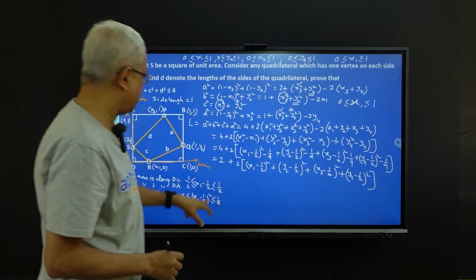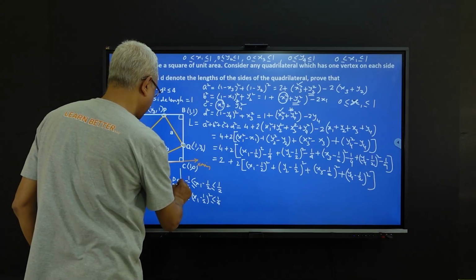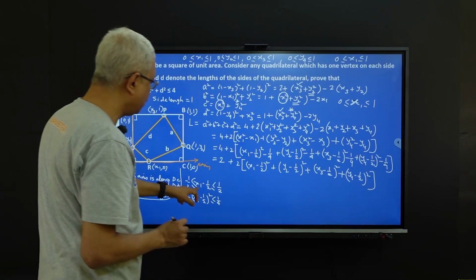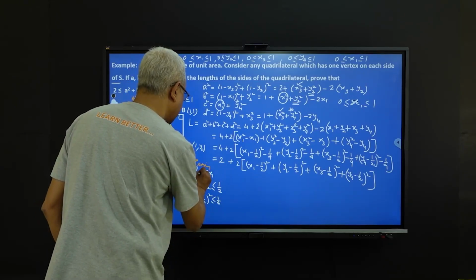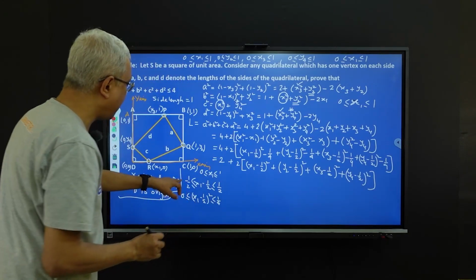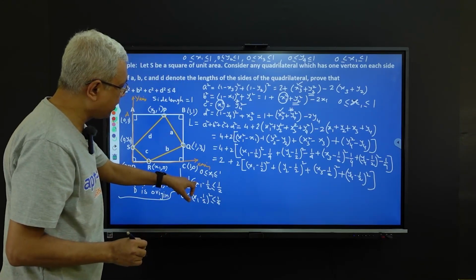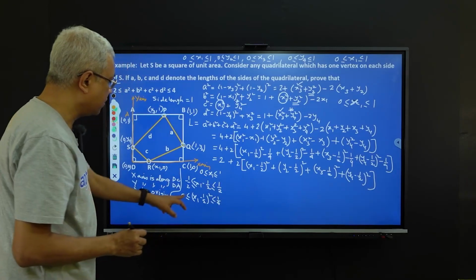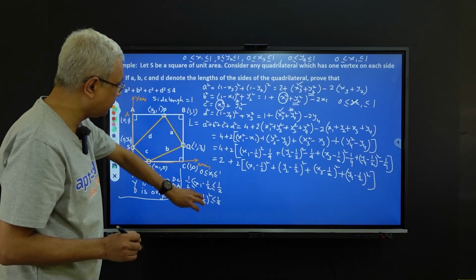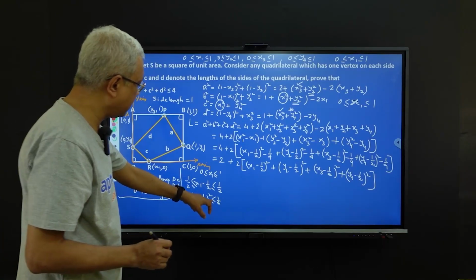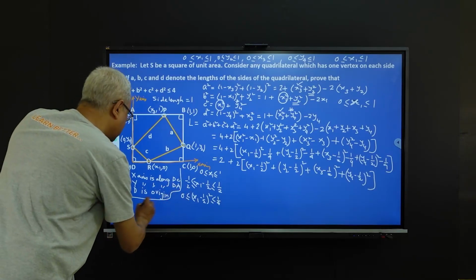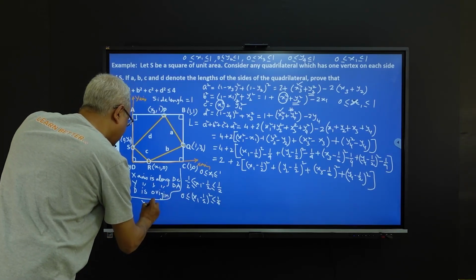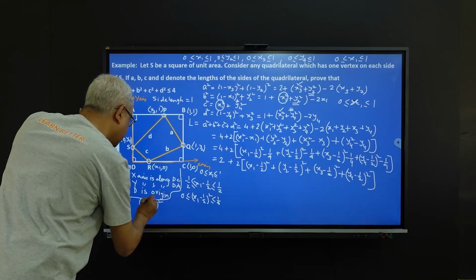So from this logic, we started with x1 greater than or equal to 0 but less than or equal to 1. So minus half is less than or equal to x1 minus half, which is less than or equal to half. So x1 minus half whole square, which is a positive quantity, is greater than or equal to 0 but less than or equal to 1 by 4. And in a similar manner I can show that y2 minus half whole square is also greater than or equal to 0 but less than or equal to 1/4.